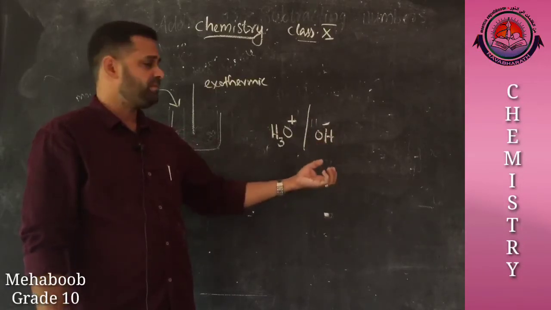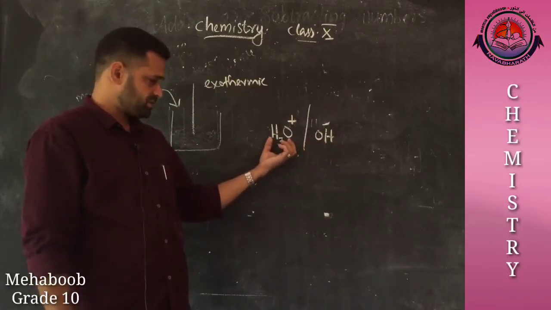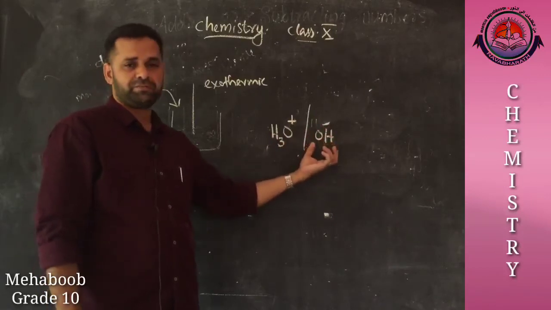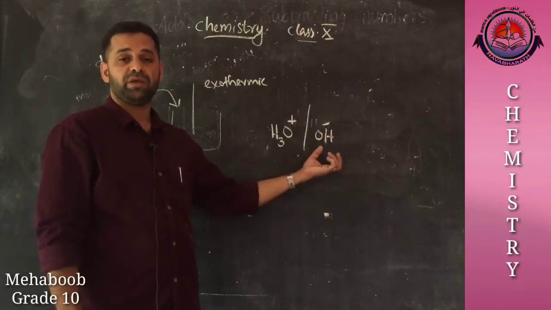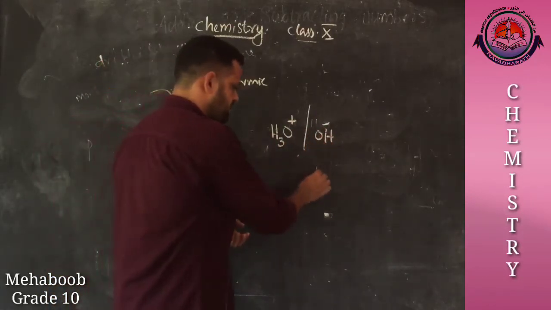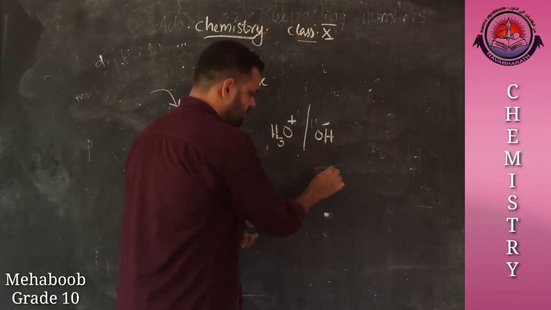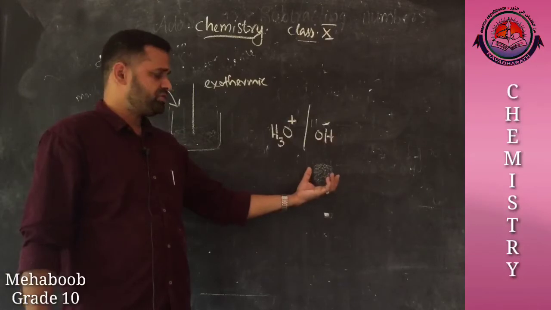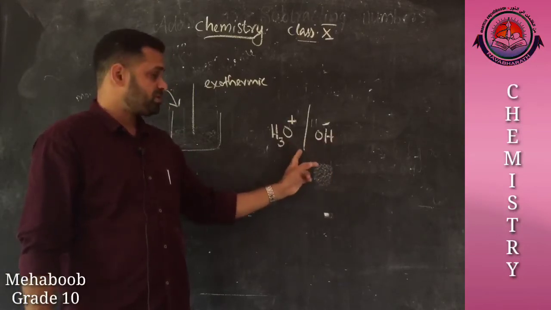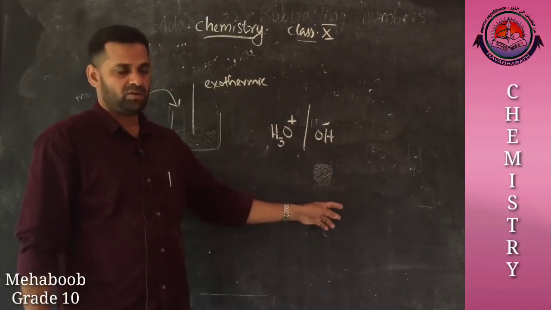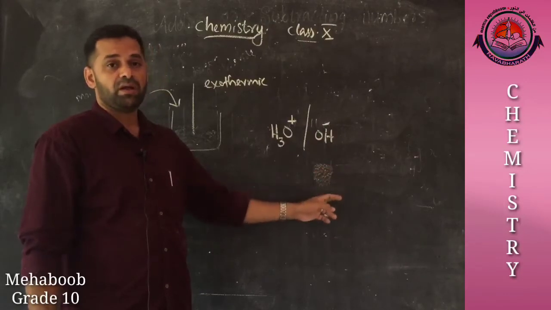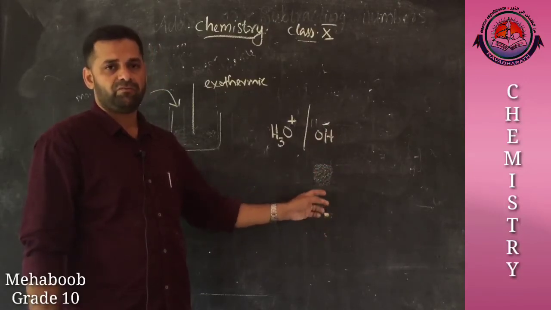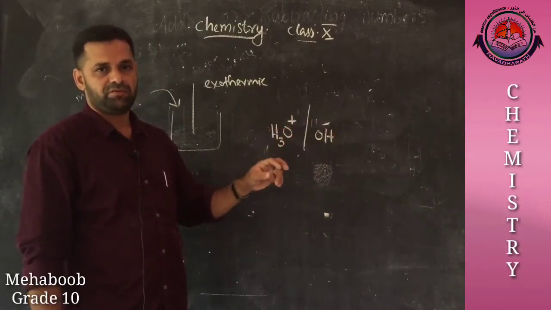If you take a unit volume, the number of H3O plus ions or OH minus ions in it decreases when we mix with water.